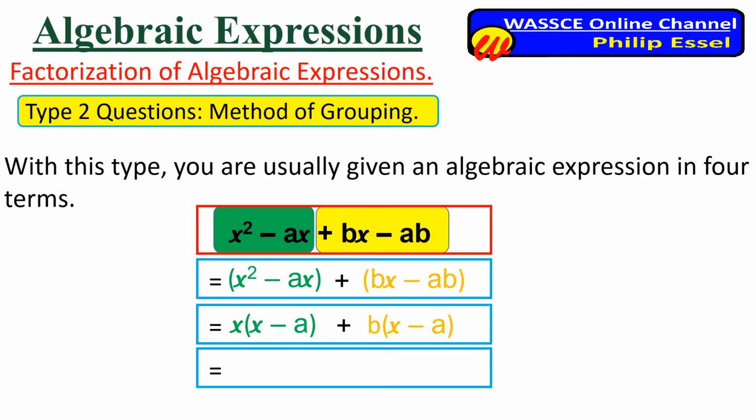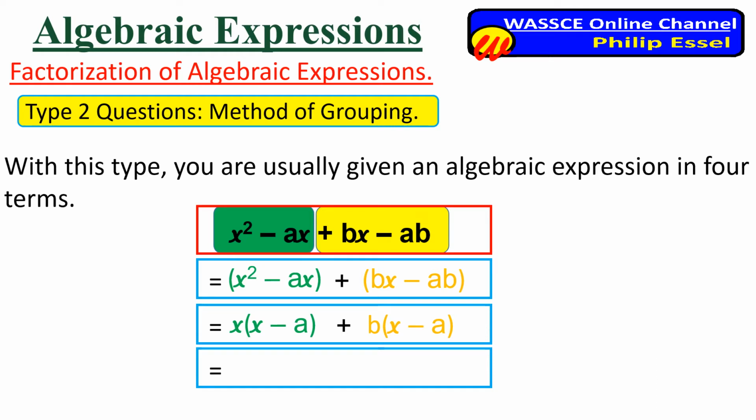Now when you observe our new results carefully, you would realize that we have 2 terms now. The first term is the green term and the second term is the yellow term.